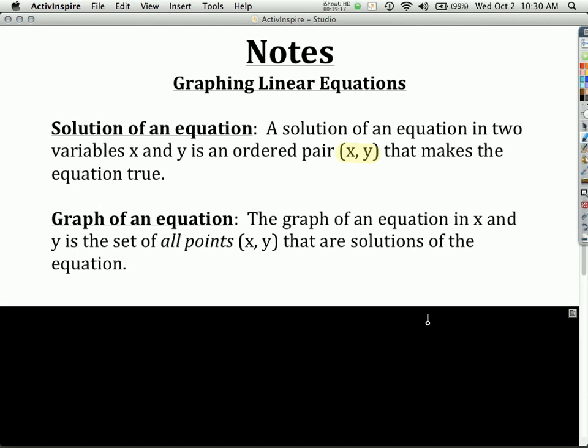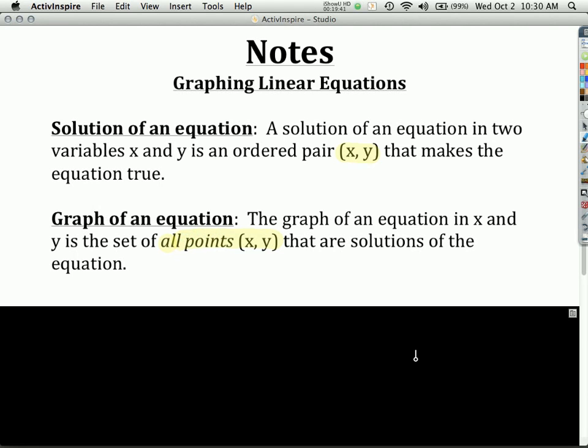But it's not infinite. They're very specific. And when you find all the solutions to an equation and you plot them on a coordinate grid, they form a graph. So when we talk about a graph, we're talking about all the ordered pairs that make the equation true.